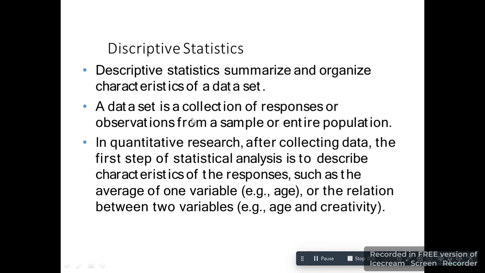So the next part from the first unit is a very important part, and every time a question is asked on it in the university. The next part is descriptive statistics. Descriptive statistics, as I already told you, is nothing but a summary or organization of the characteristics of the data set, and a data set is nothing but a collection of responses and observations from the sample.